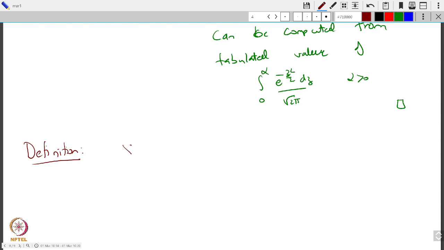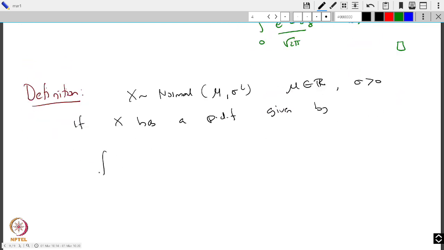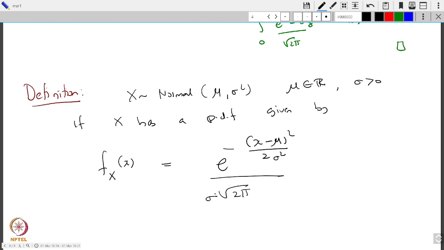We say X is normal with parameters mu and sigma squared, where mu is any real number and sigma is positive, if X has a PDF given by f sub X of x equals e to the minus (x minus mu) the whole squared over 2 sigma squared, the whole thing divided by root 2 pi times sigma. This is for x in R.